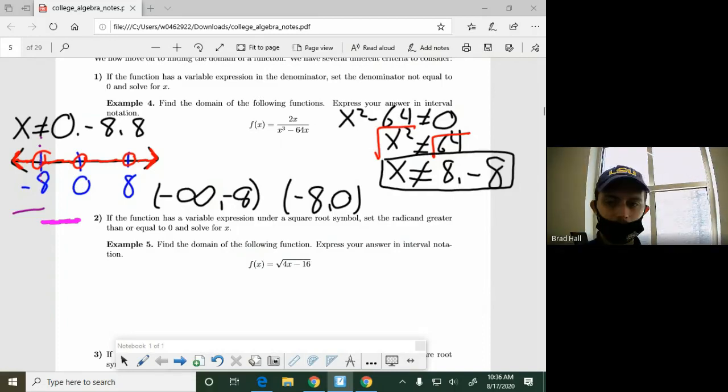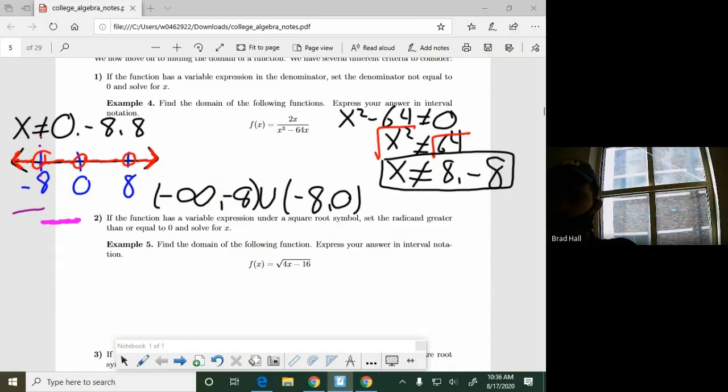How do we glue those together? Use the U. That U notation. And if you were to keep going, you would start off at 0 and go to positive 8. And then you would start off at 8 and go to positive infinity. That horrendous notation, that whole thing with the U's and everything, that would be your answer for this problem.